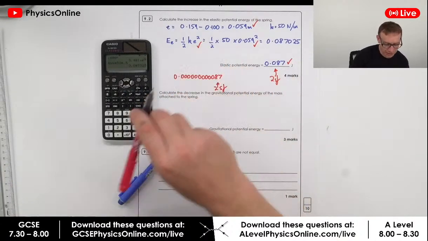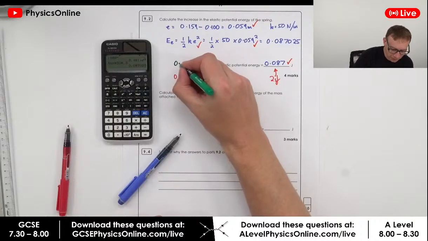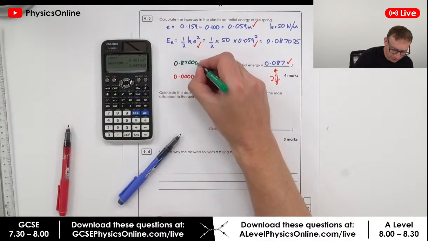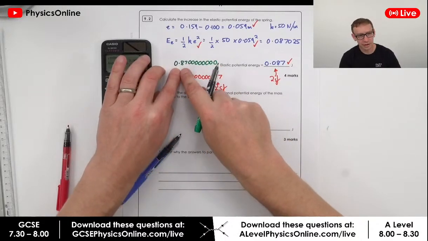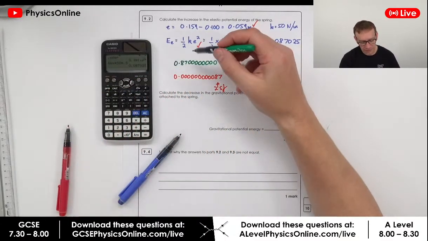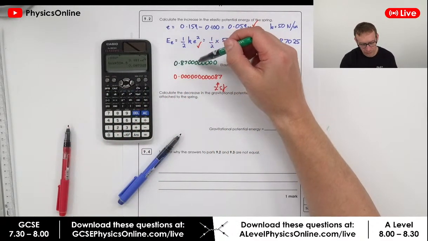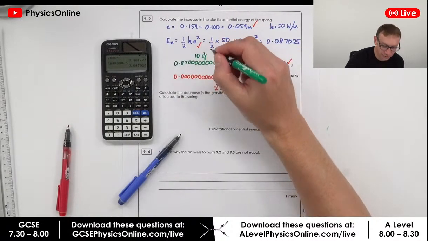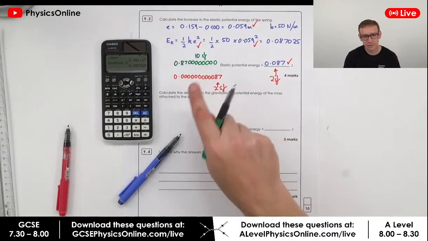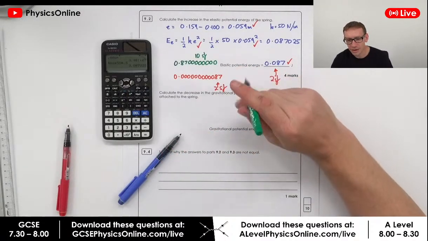If you had a number instead, maybe 0.8700000000, all of these zeros afterwards add to the significance. So actually this number here would be 1, 2, 3, 4, 5, 6, 7, 8, 9, 10. So that number would actually be 10 significant figures. So the zeros in front don't add to the significance.